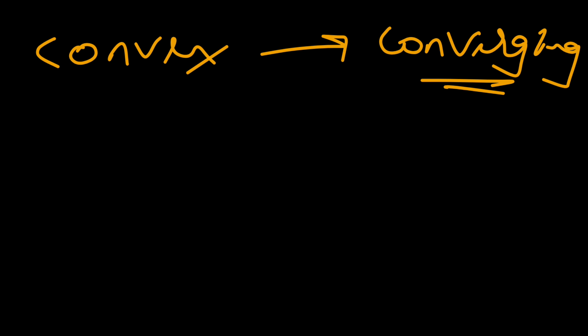Let's say this is the convex lens. Let's draw an imaginary line, and let's say some parallel rays are coming. After refraction, the rays meet at one point on the principal axis.